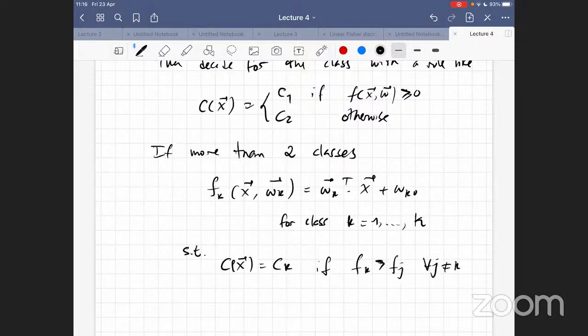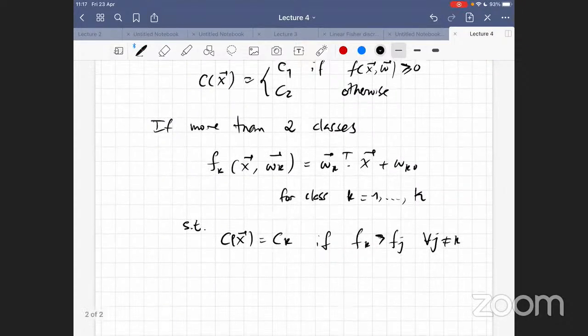Okay, I'm just saying, I evaluate all these functions for all these classes for the point in question, and then I choose the class having the largest function among all of them. Okay, and then you can follow this if you want.